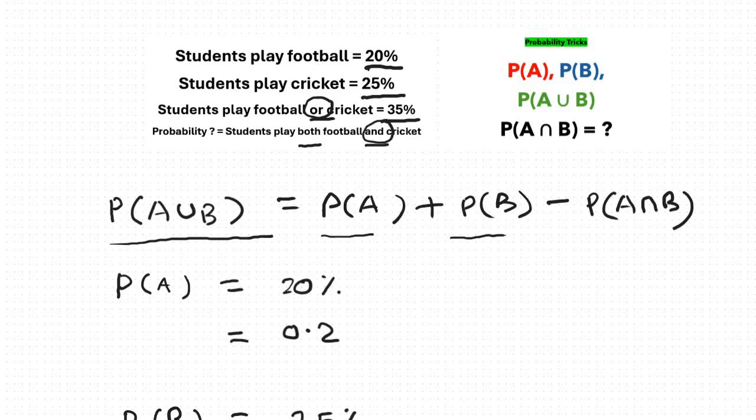When "and" is given, this denotes probability of A intersection B.